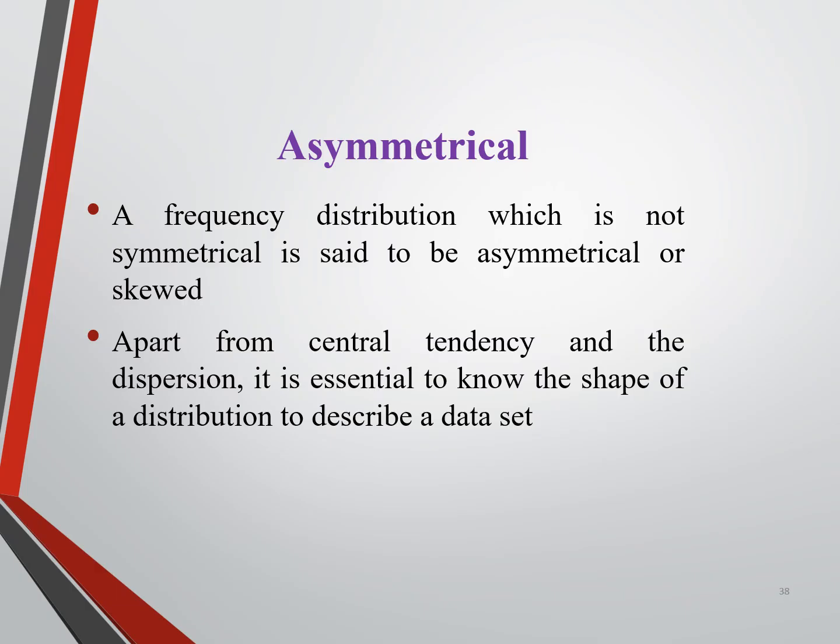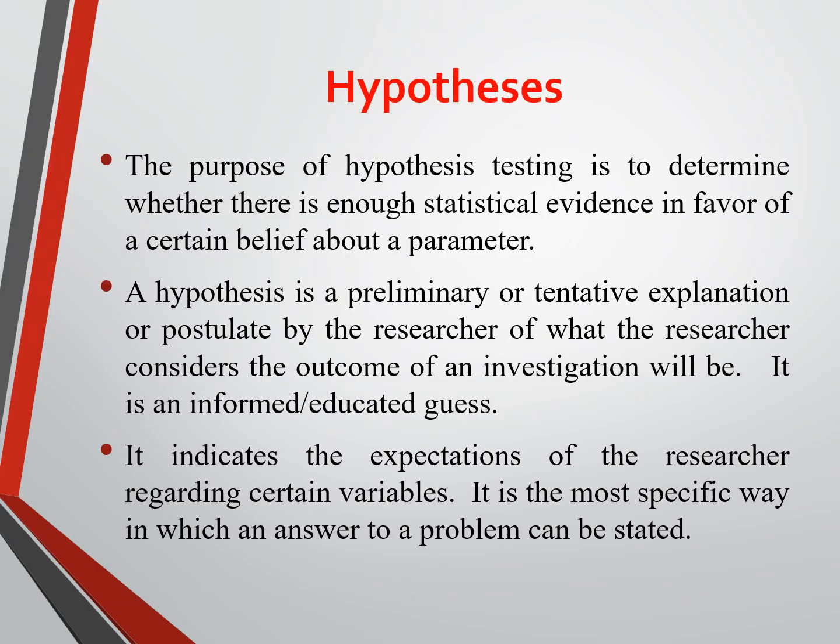Whenever it is not bell shaped, it is known as an asymmetrical or skewed database, for which skewness is to be measured. That skewness we will understand tomorrow in detail. Today I am just introducing the words because it's a basic requirement. Apart from central tendency and dispersion, it is required to understand the shape of the distribution.